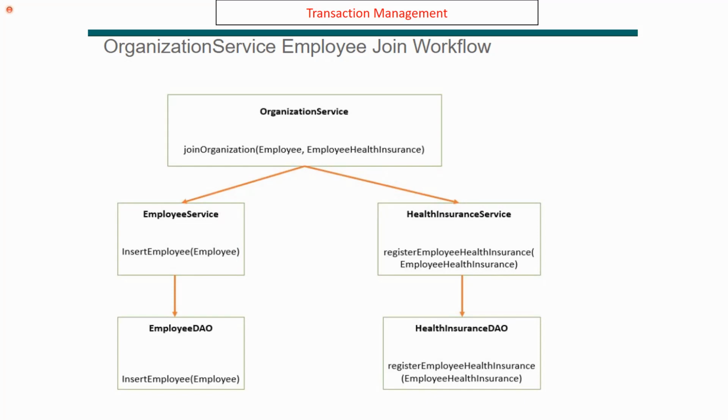Son one is earning, employee service is also having a transaction block. Insurance service is also earning, it is also having an insurance transaction block. Org will have a transaction, employee will have a transaction, insurance will have a transaction. Totally three classes are going to have transactions.